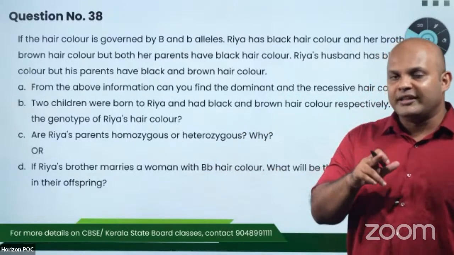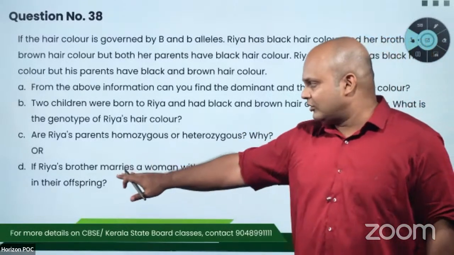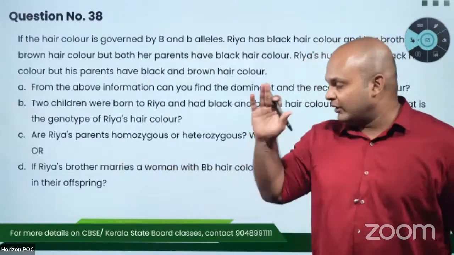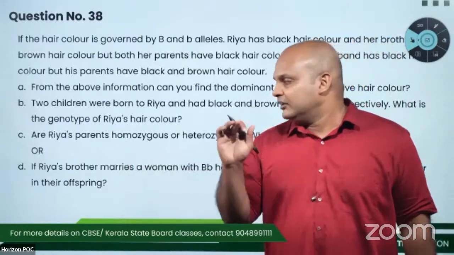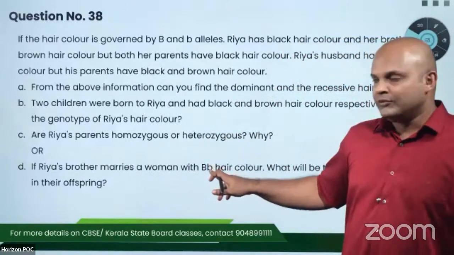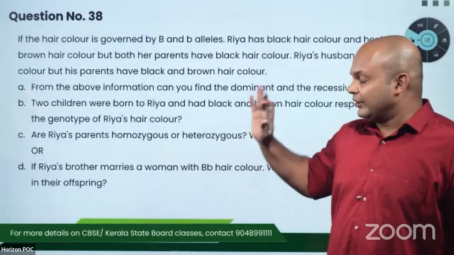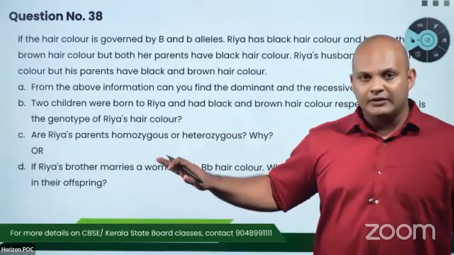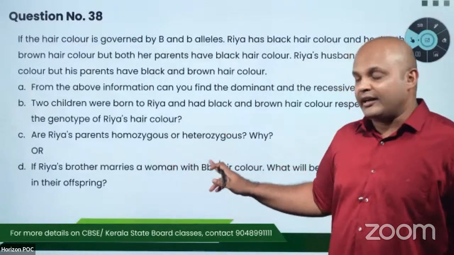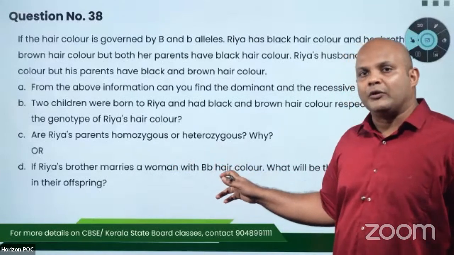But if Ria's brother and the woman have children, the children can inherit small b from their father, and they can inherit either capital B or small b from their mother.